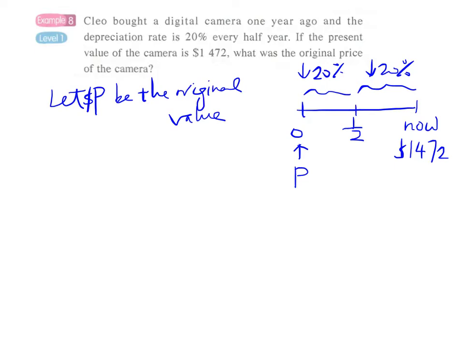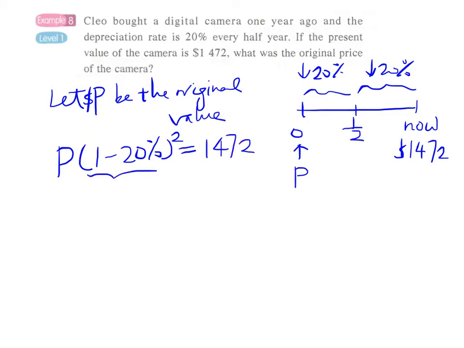And by observing this timeline, we have P times 1 minus 20% to the power 2 equal to $1472. Therefore, we can write an equation. We have P times 1 minus 20% to the power 2 equals 1472.